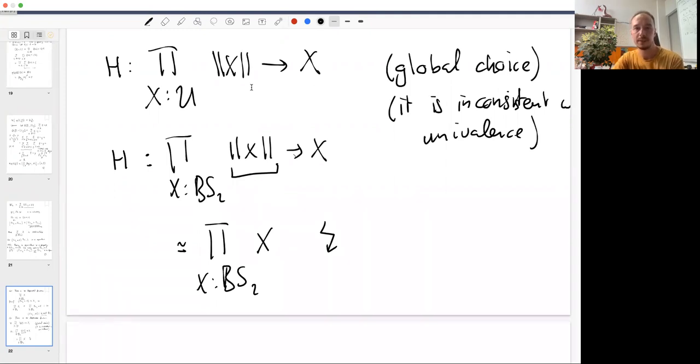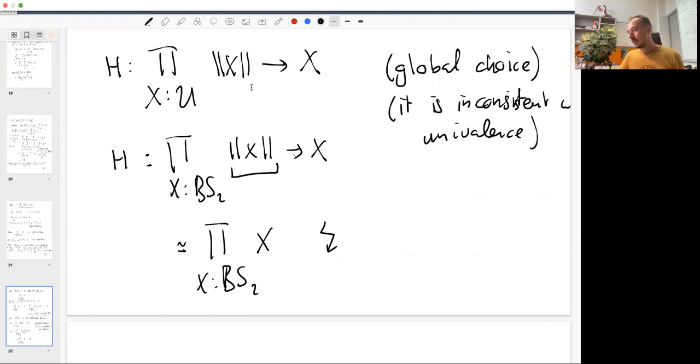If you know what categories are and what groupoids are, this is a nice groupoid, and it's not a contractible groupoid because it has non-trivial automorphisms, and that's basically a good model for what BS2 is.